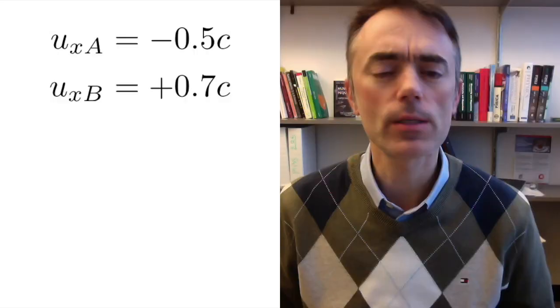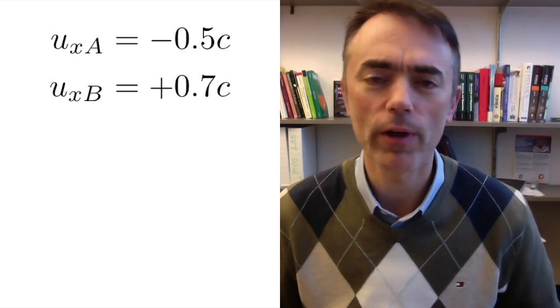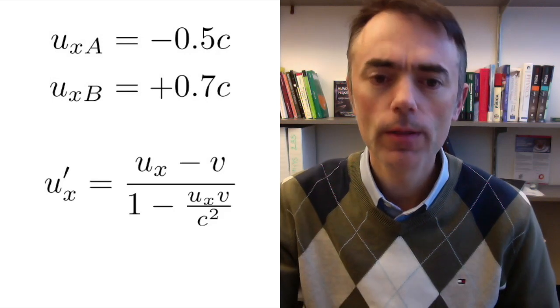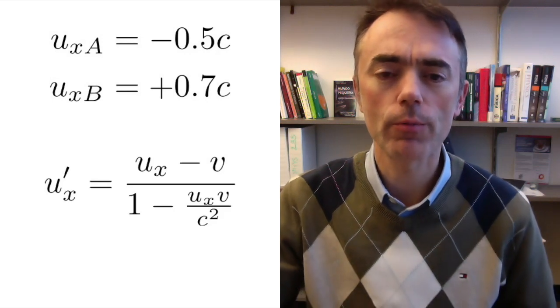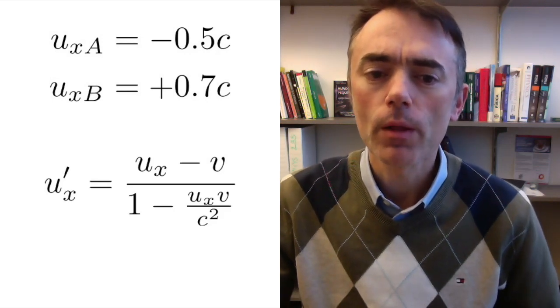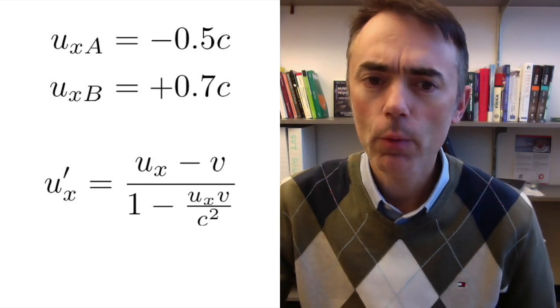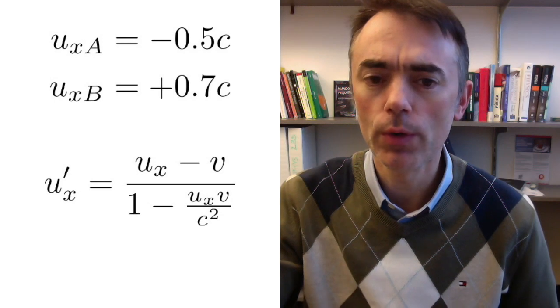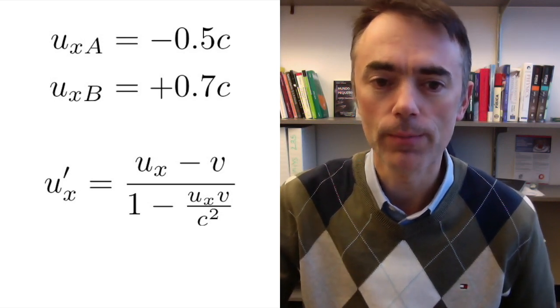Okay, here we have to be careful with the names of the velocities. So we have that u_xA is minus 0.5 c and u_xB is plus 0.7 c. This is the equation of transformation of velocities that we just derived. Now we have to see how we relate u_xA and u_xB to u sub x and v.